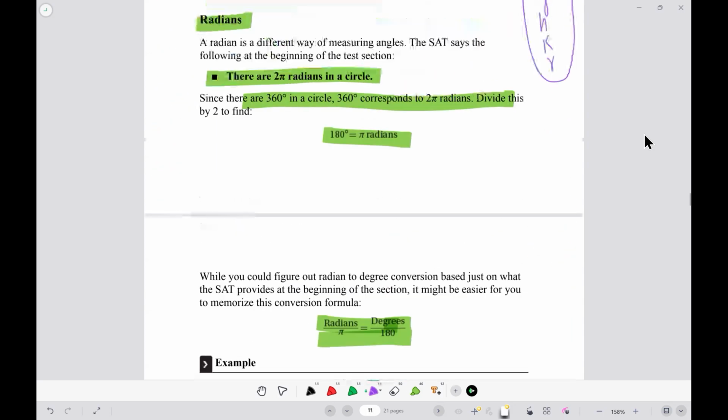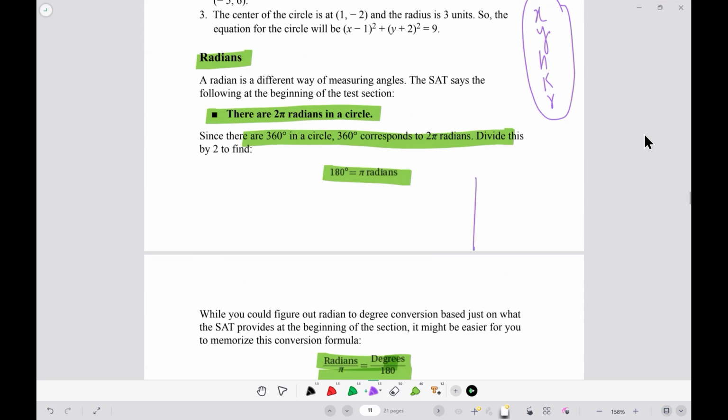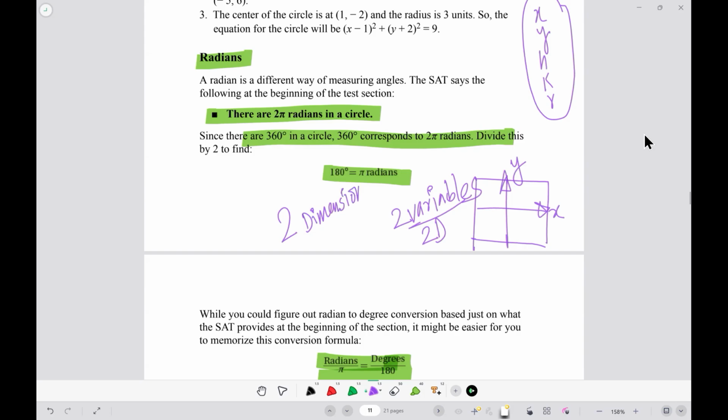As we are plotting on a graph paper, we have the y-axis like this and the x-axis like this. So we have two variables, and this is two-dimensional, 2D. That's why we have two variables.